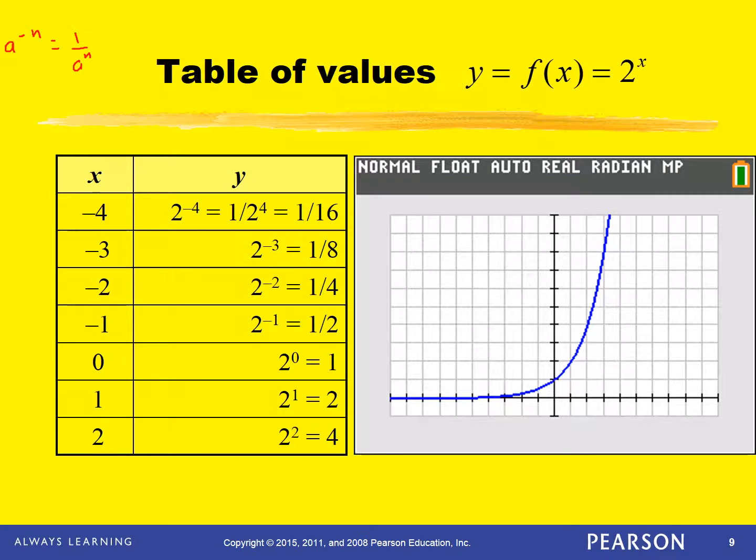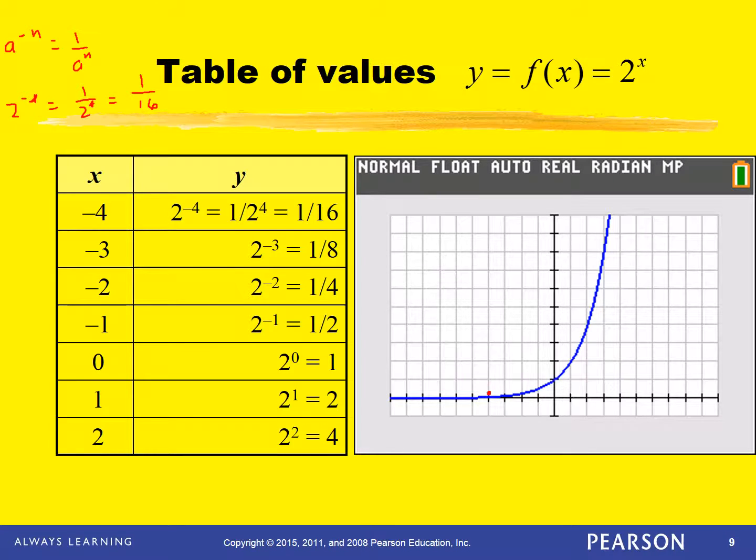So 2 to the negative 4 equals 1 over 2 to the positive 4, which is 1 over 16. So when x is negative 4, y is 1/16, just a very small positive number.